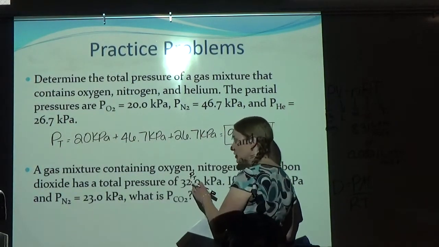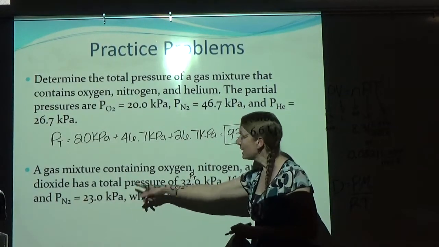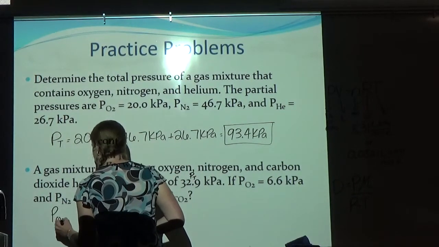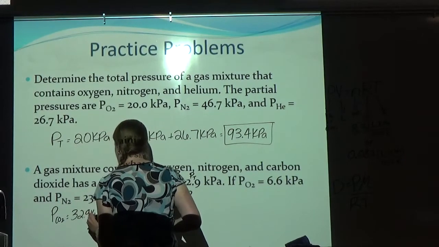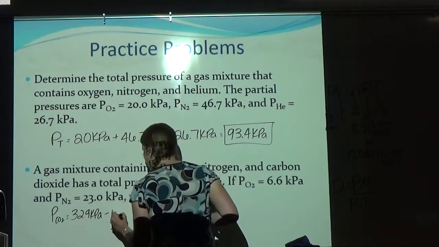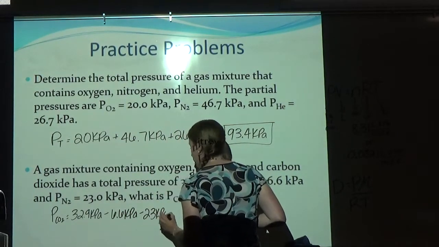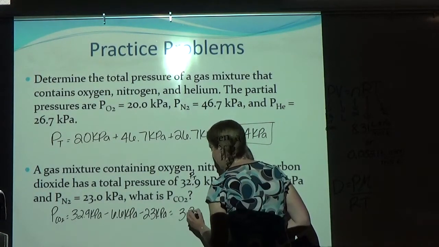If I have the total and I'm looking for one of the partial pressures, I just subtract the other gases from the total. So my pressure of carbon dioxide is going to be my total pressure, 32.9 kPa, minus my other pressures, which is 6.6 kPa and 23 kPa. And so once I subtract those, I get about 3.3 kPa.